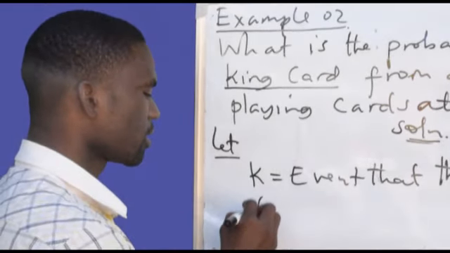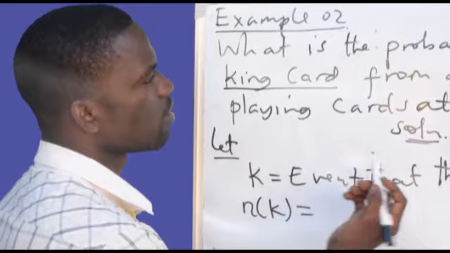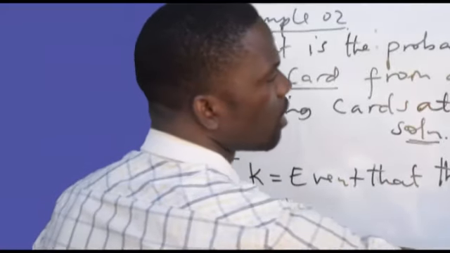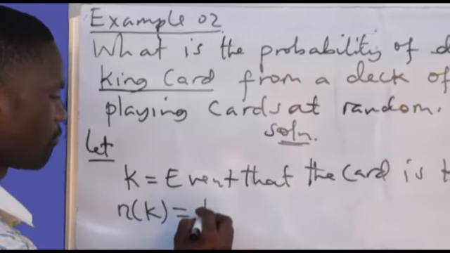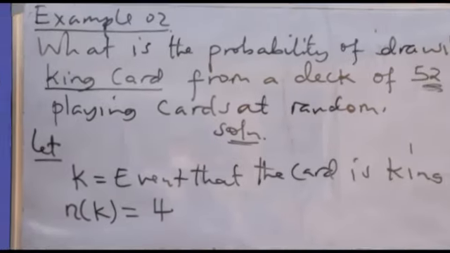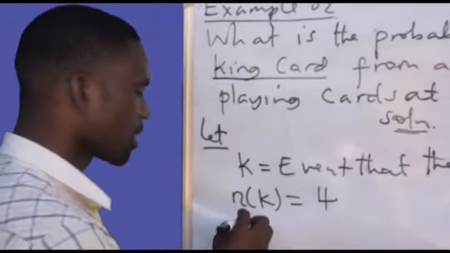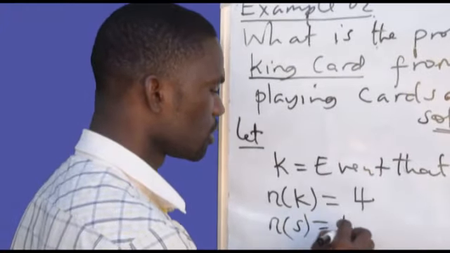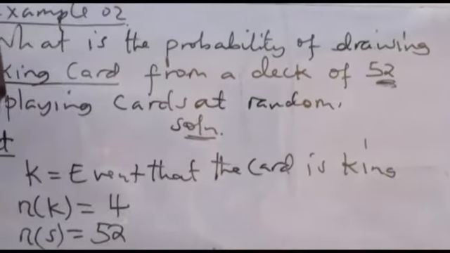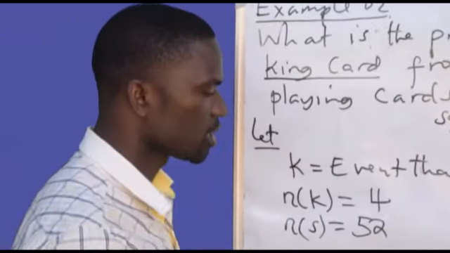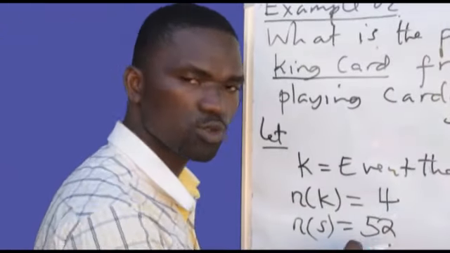Now, how many king cards are available from a pack of 52 playing cards? There are 4 king cards, but the number of cards available is 52. So this represents the universal set, which contains a total of 52 elements.